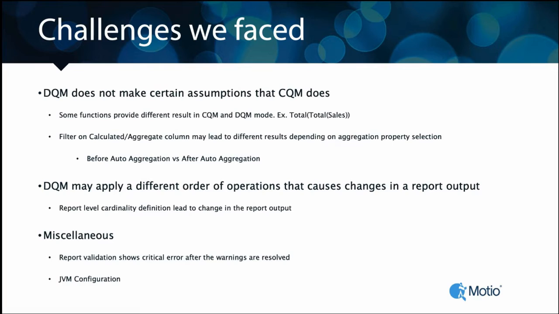So we have to fix all the warning messages before the report validation could show us the actual error. That took some time. Whenever we had a situation where the report was not running and there was only a warning message, we first fixed the warning message, then we saw the critical error, and then we fixed it. We just had to spend a lot more time to fix a warning message, even though it was not necessary.